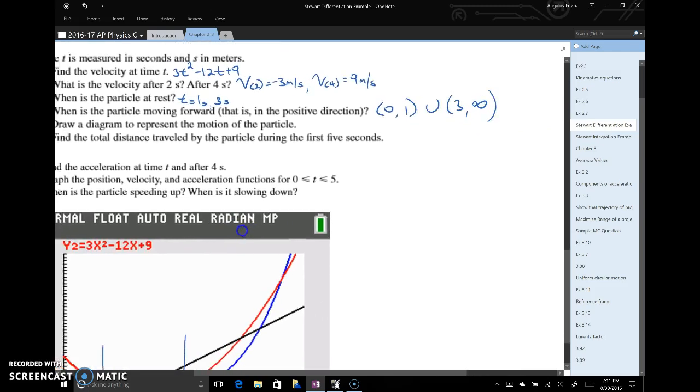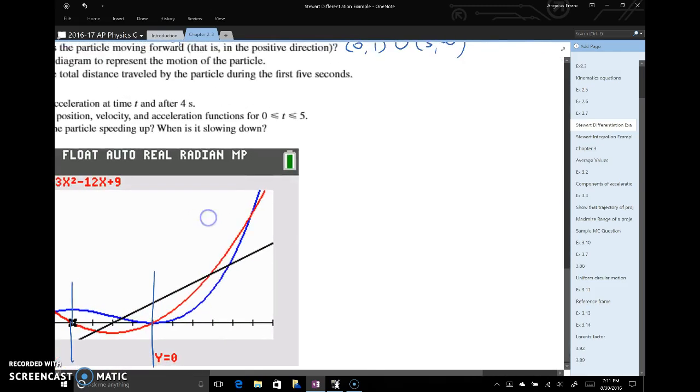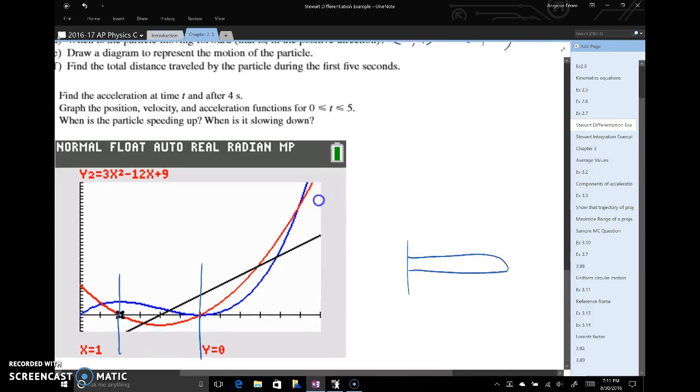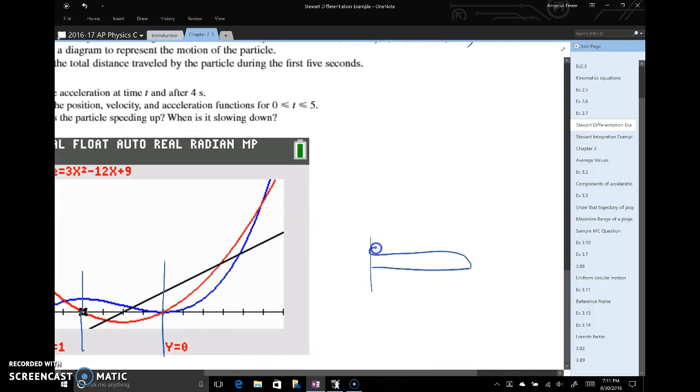So we want to draw a diagram representing the motion of this particle. We usually draw the diagrams like this. Particle starts here. It starts by moving forward to some maximum value. Then it turns around and gets all the way back to where it started. And then it turns around again and goes forward. And this is t equals 1.